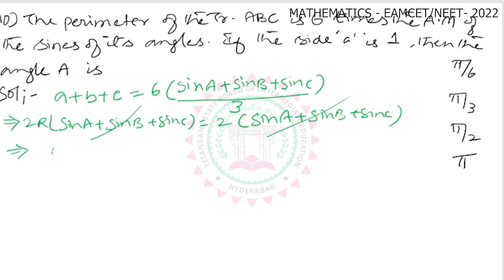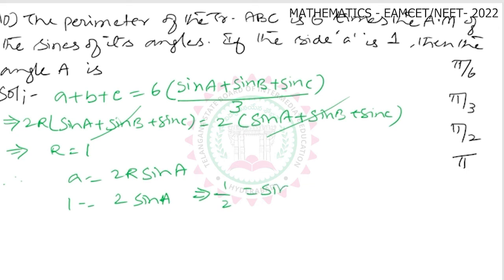So, this gives me capital R is equal to 1, right? And he has given that side a is 1. So, if I write what he is asking, then the angle A, therefore, a is equal to 2R sin A. So, 1 is equal to 2 into, what is capital R? 1, that is 2 into sin A. It means that 1 by 2 is equal to sin A.